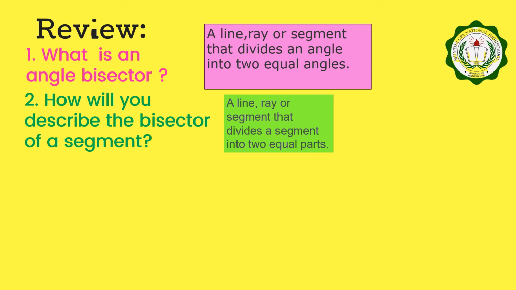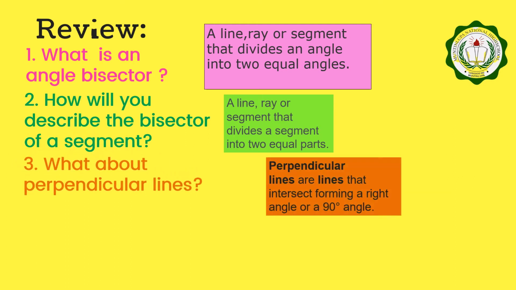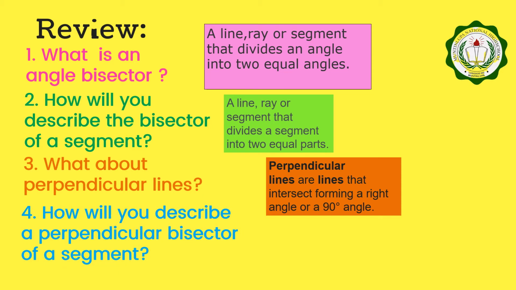Okay, let us move on to what perpendicular lines are. Perpendicular lines are lines that intersect, forming a right angle or a 90-degree angle. Let us now put the concept together and talk about the perpendicular bisector of a segment.